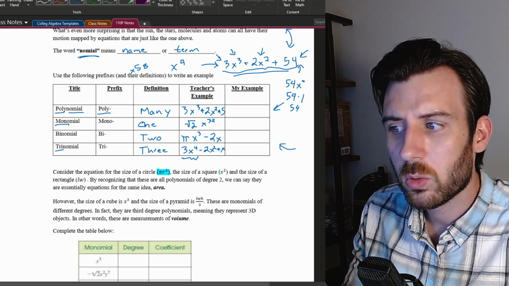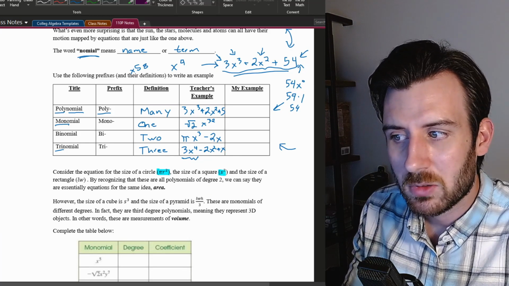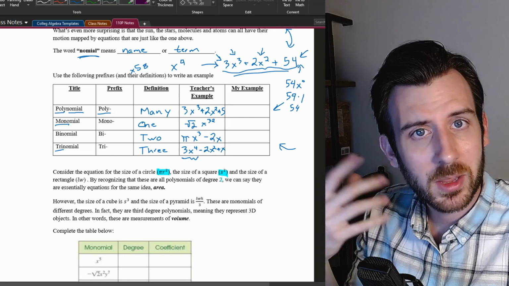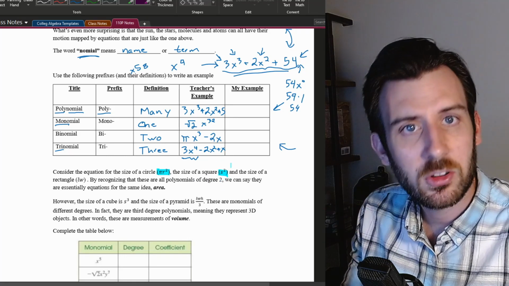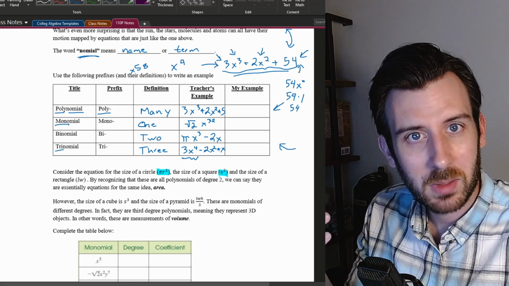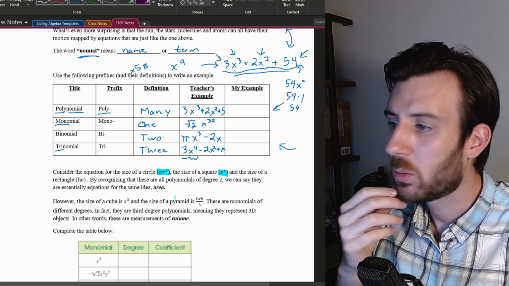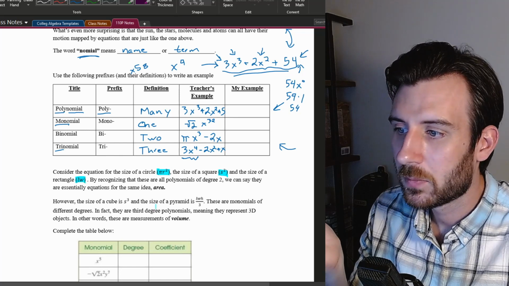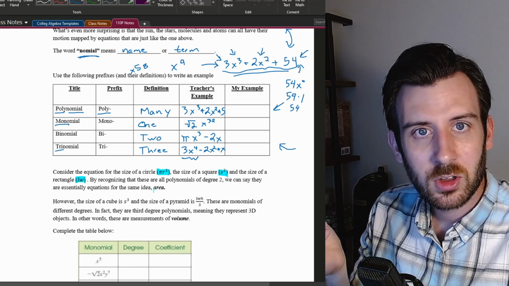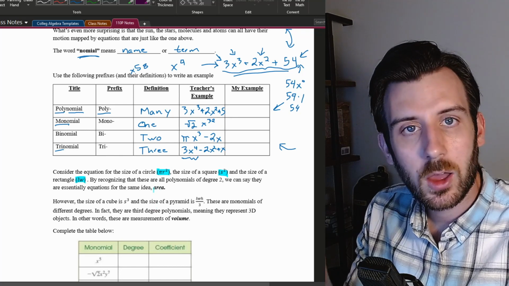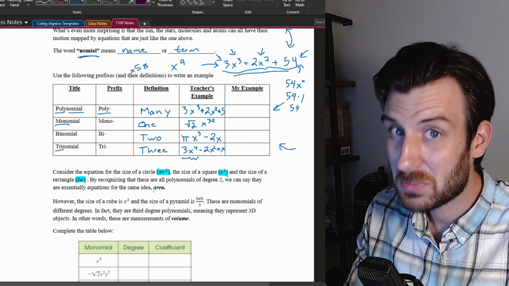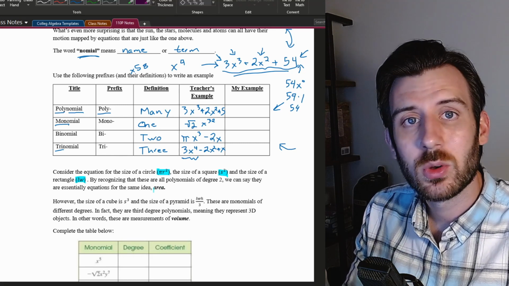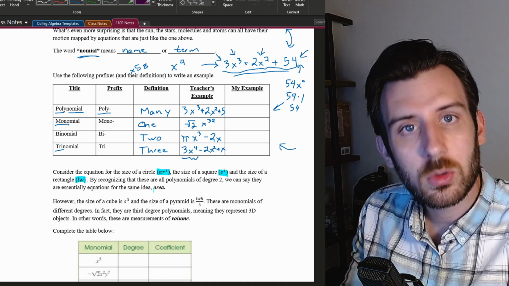Well, we also know that a square can be found by taking some kind of side and multiplying it by itself. So we'll call that s squared. That'd be a square made out of the size s. We also know rectangles are going to be anytime where you take a length and a width. Now, all of these give you the sizes of shapes. Specifically, these give you the areas of two-dimensional shapes.